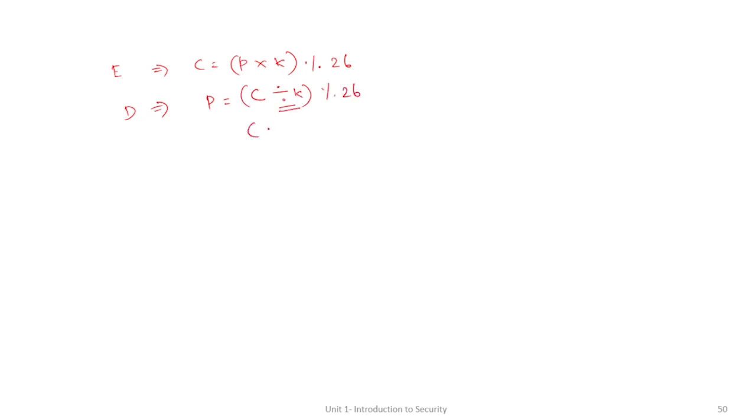And this will be written as C into K inverse mod 26. If a number is A by B, it may be written as A into B inverse. So these two values are equal. So instead of division, I can write it as K inverse. So here K inverse is the multiplicative inverse of K.